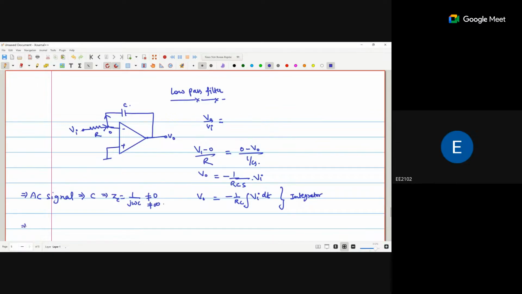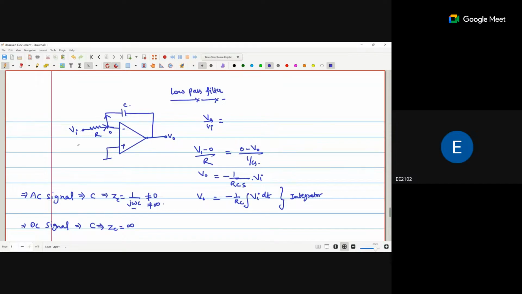But for the DC signal, we know that the capacitor behaves as an open circuit. Why? Because frequency omega is 0. So if omega is 0, 1 upon 0 is infinite.